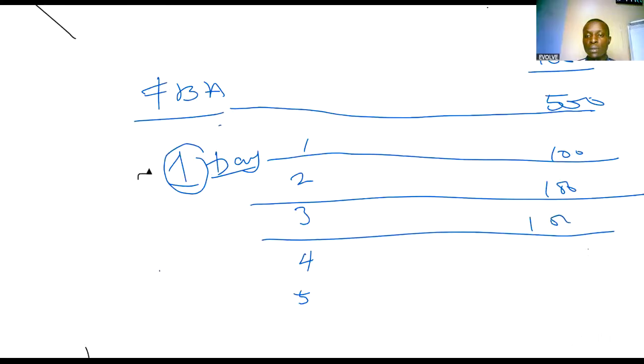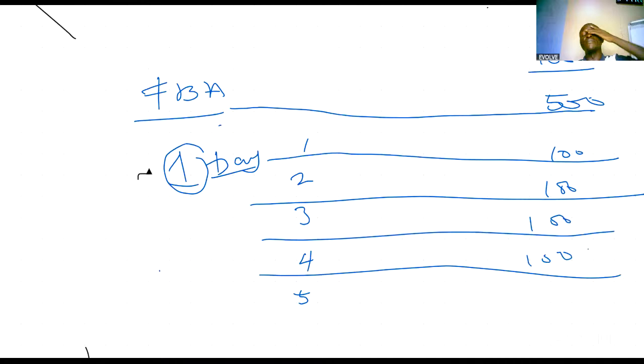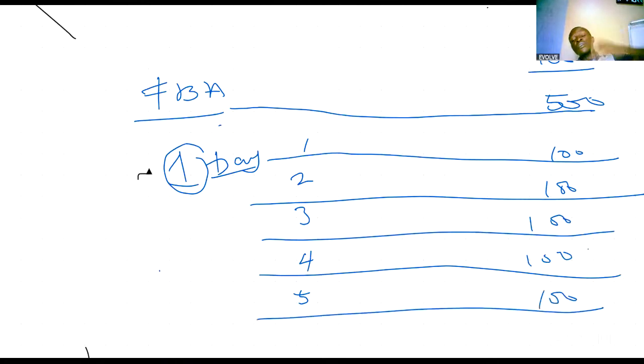$100, $100, $100, $100. So when the market goes against them, they make it even worse. How? The drops are small. So you can put 1%, 2%, 2%, 2%, 2%.